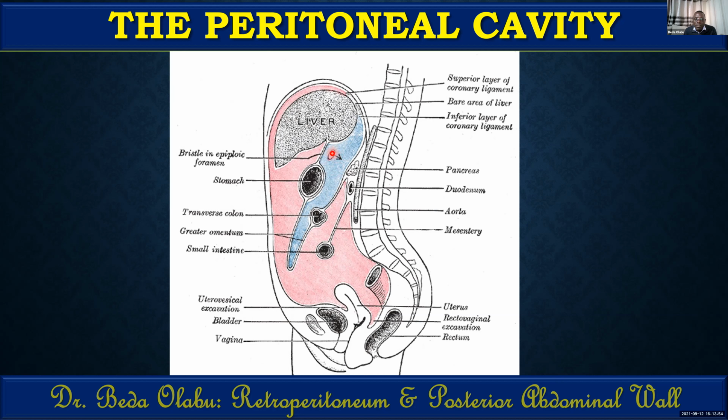That opening is called the epiploic foramen, otherwise known as the foramen of Winslow. So that's the only communication between the lesser sac, the omental bursa, and the greater sac. Remember, these are chambers enclosed by the peritoneum.